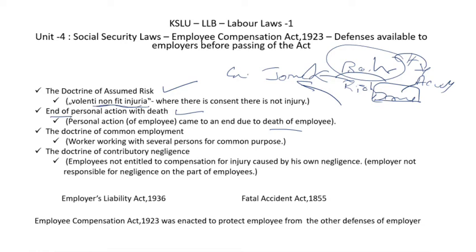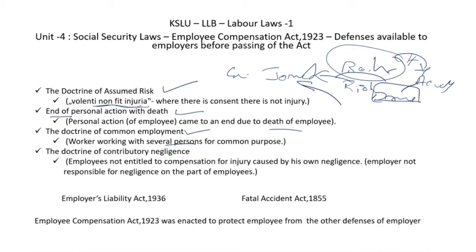And then the doctrine of common employment. If any person is working on a similar kind of work for several manufacturers or several companies, the employer uses this as a defense.